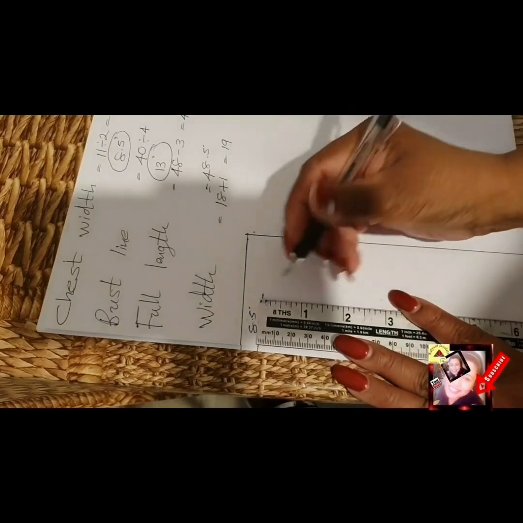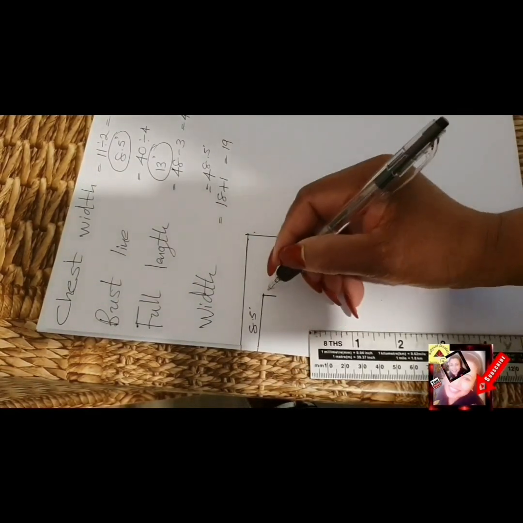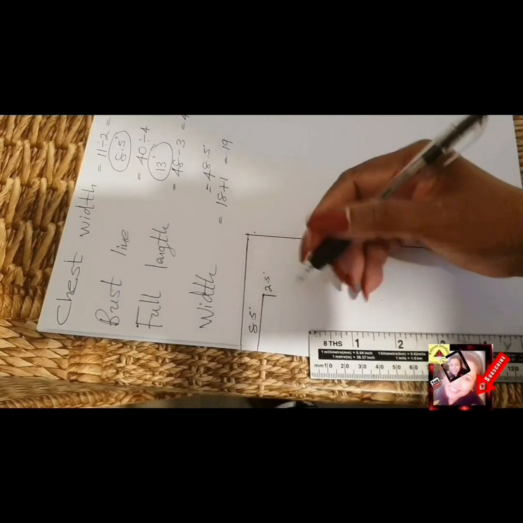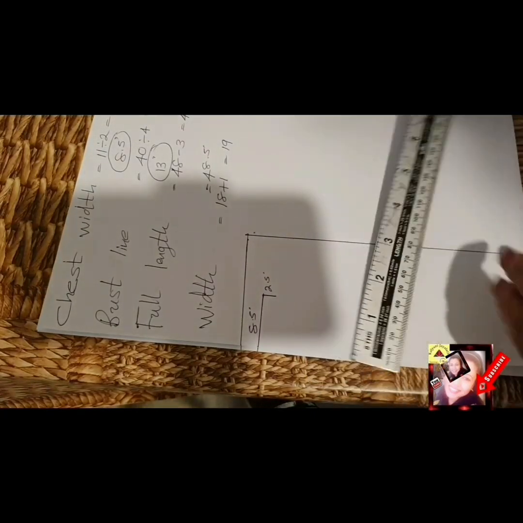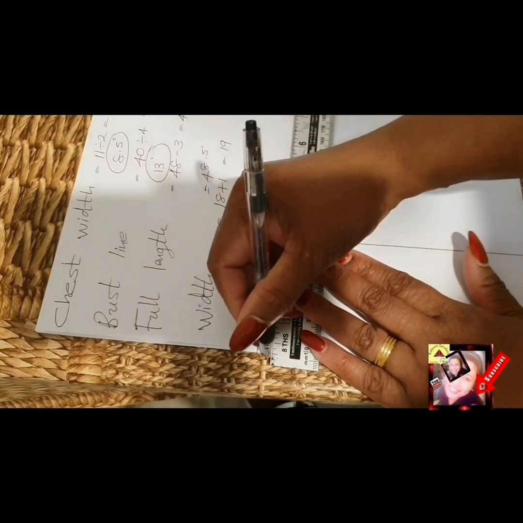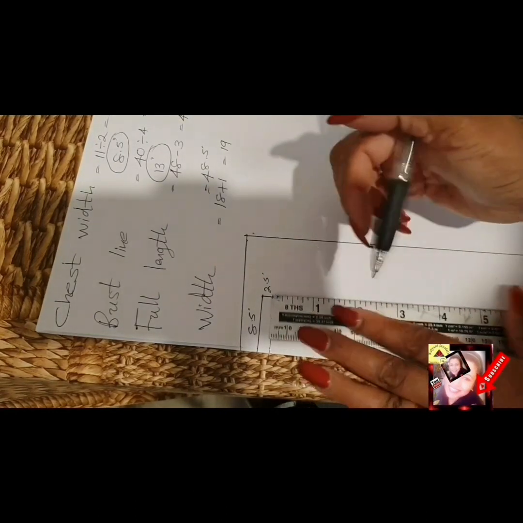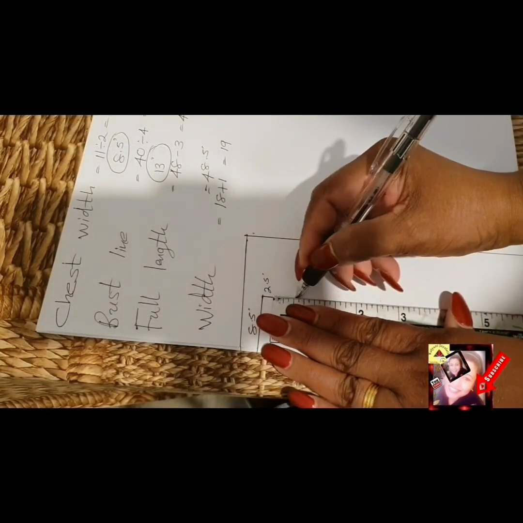So first I draw the box and then I mark 8.5. From that mark I mark 2.5 below. Then I draw a line.